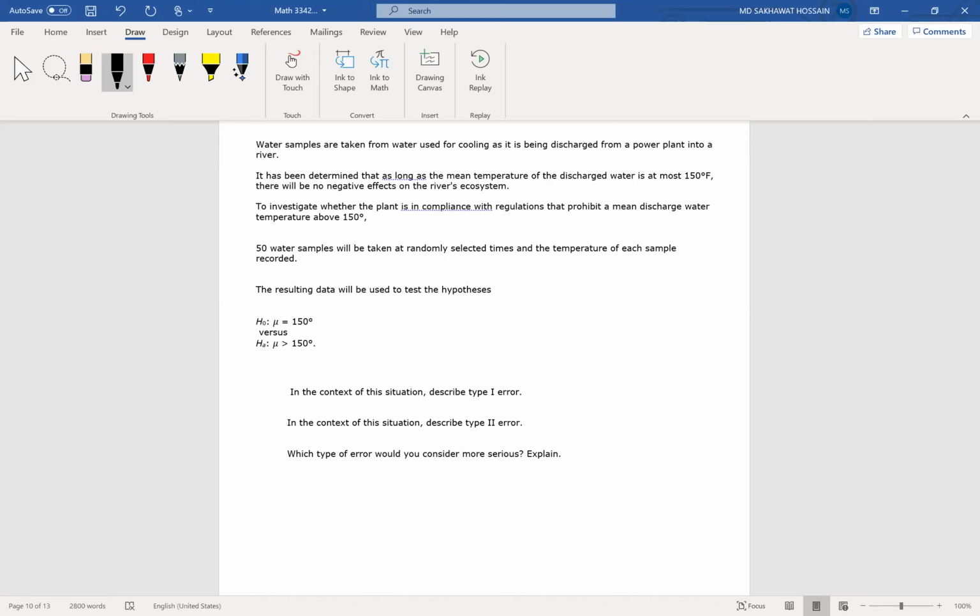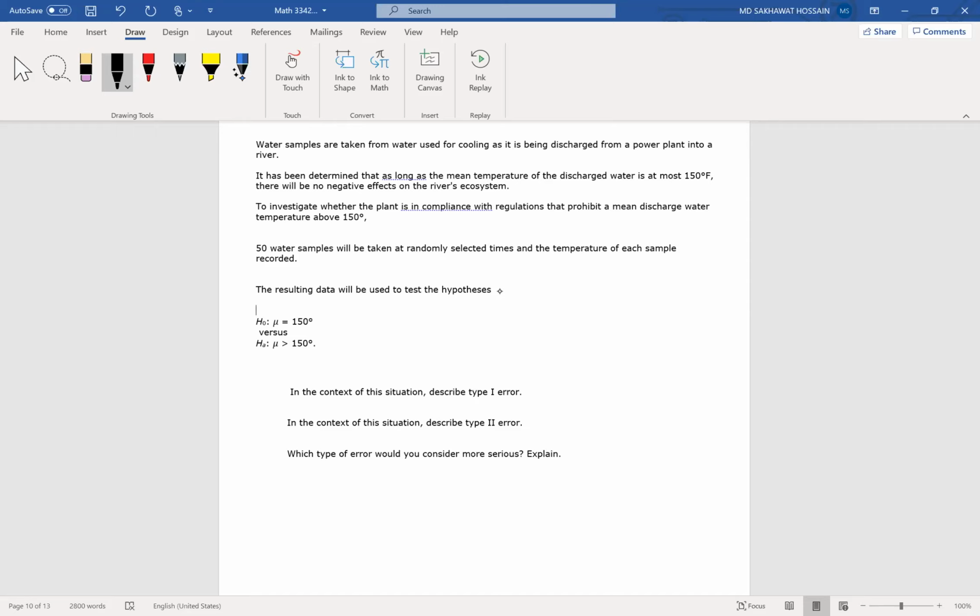Here the null hypothesis is mu equals 150. And we want to see whether the temperature is above 150 or not, right? If it is above 150, then it is dangerous for the ecosystem. It will negatively affect the river's ecosystem.